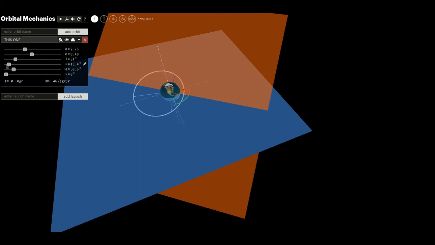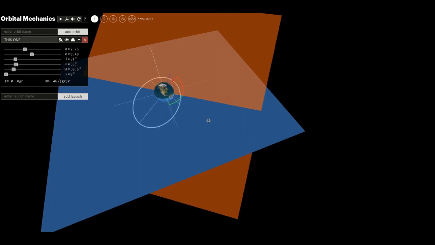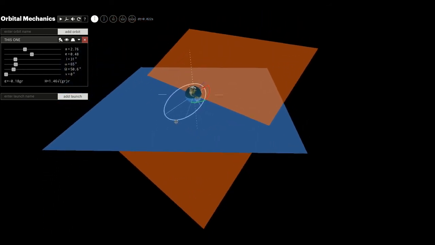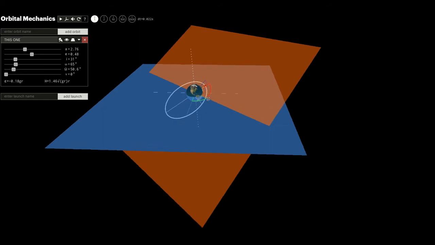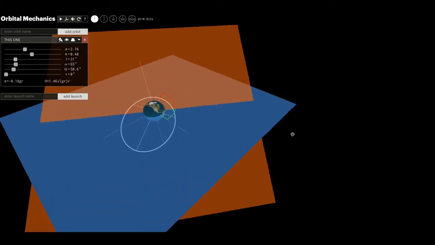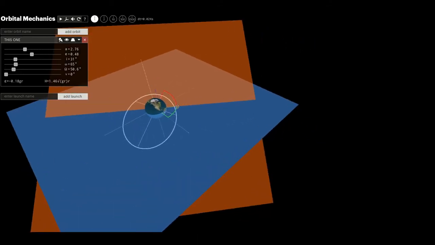If we increase this, notice how we now have an angle here, and that's saying that from the point of right ascension, how many degrees along the orbit has it gone? And that's where that perigee occurs. So at this one, it shows that it has a 65 degrees. So starting with 0 here, going up 65 degrees, that's where that satellite is closest.